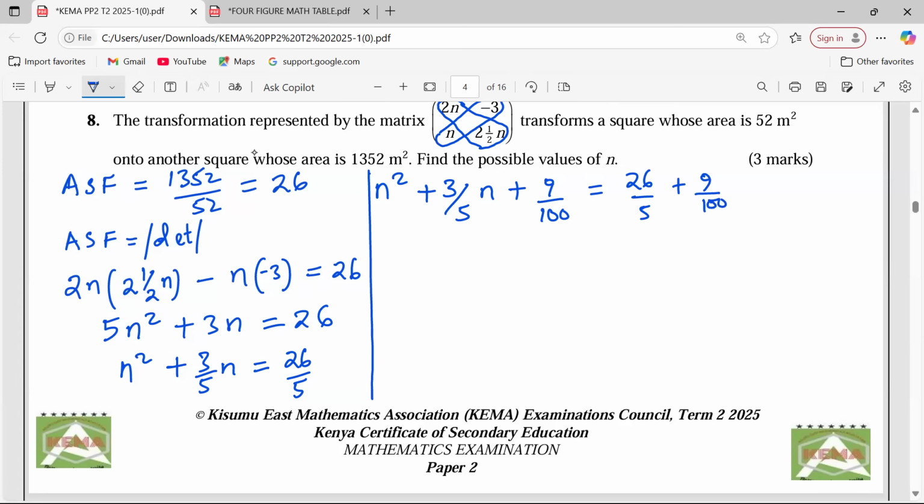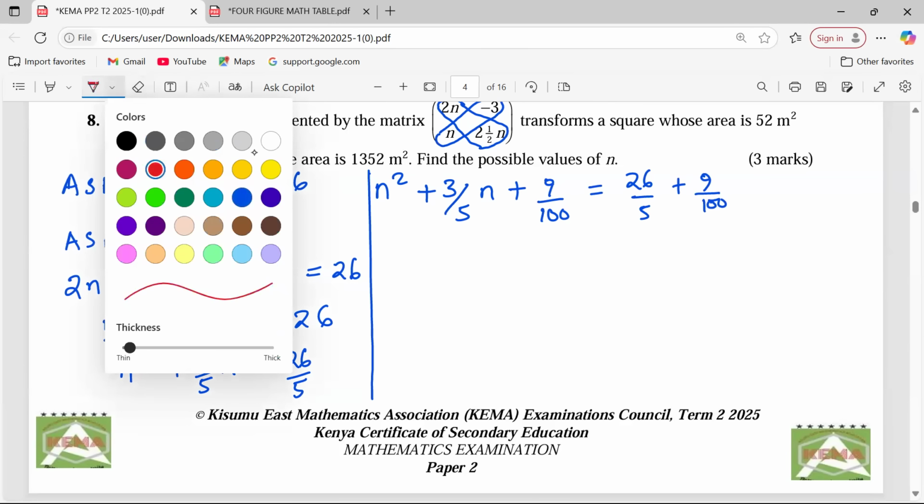At this point now, you can allow me to factorize the left-hand side.